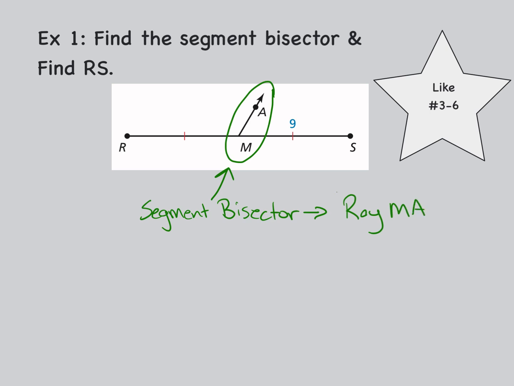A. So ray MA. Remember, when you name a ray, you always start with the end point, the starting point. In this case, it's M, and then it goes through A. Now, you could have put the symbol. You could have said MA with the symbol on the top. Questions on that part?